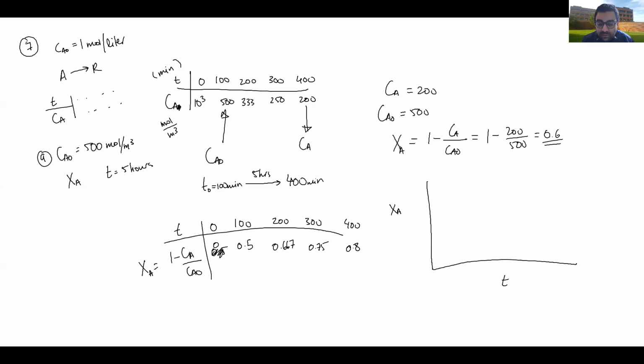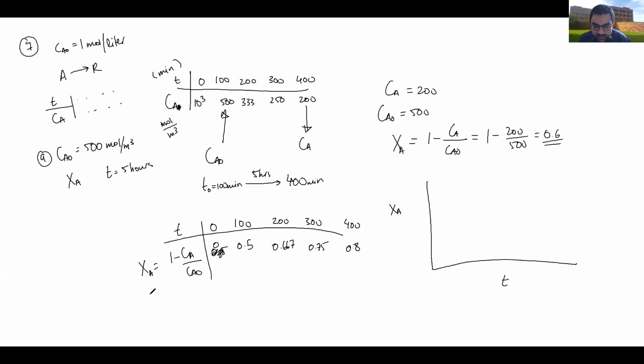So let's have a look at the cases. So case 1, ln, so I need to plot ln 1 minus xa, and if I get a straight line, then it's probably first order.